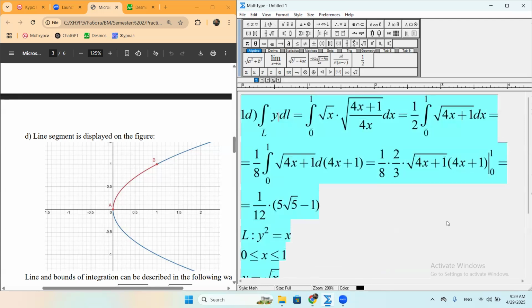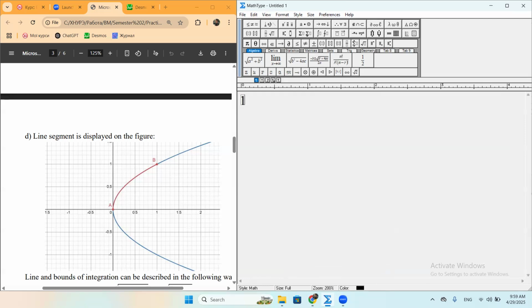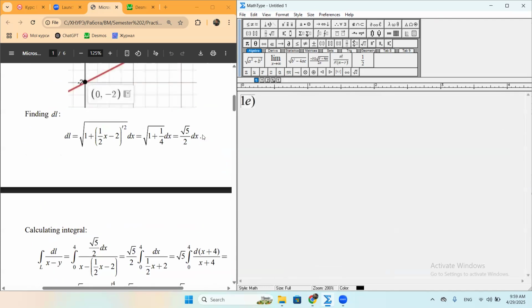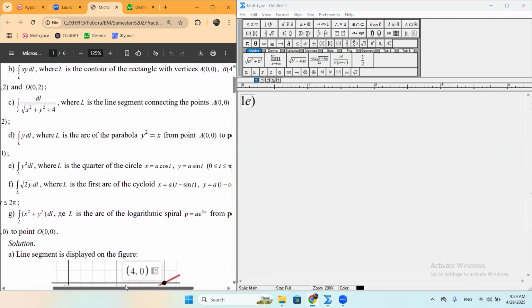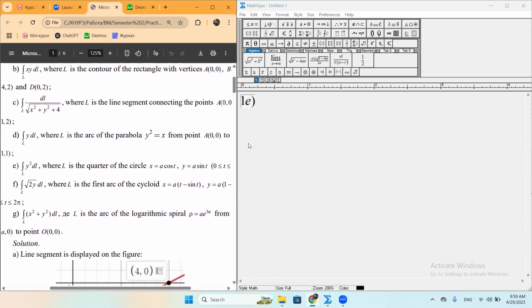Okay, if no questions, let's continue calculating line integrals. So the next task. Another case when we have the function given in parametric form.